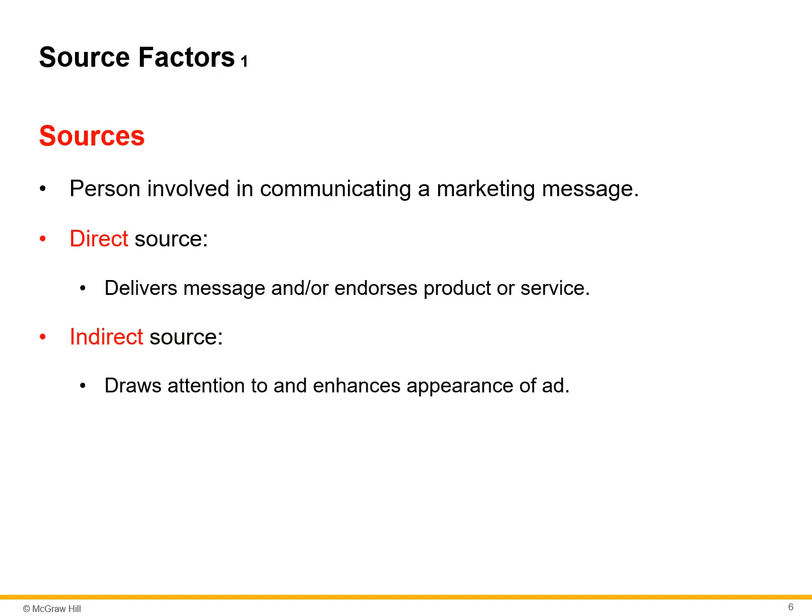Let's look at the source factors. What are the sources? The person involved in communicating a marketing message in the ad, the spokesperson in the ad. You could use a direct source that delivers the message or endorses the product or services. Someone just standing there delivering the message, or you can have a celebrity endorser say something about the product or services.